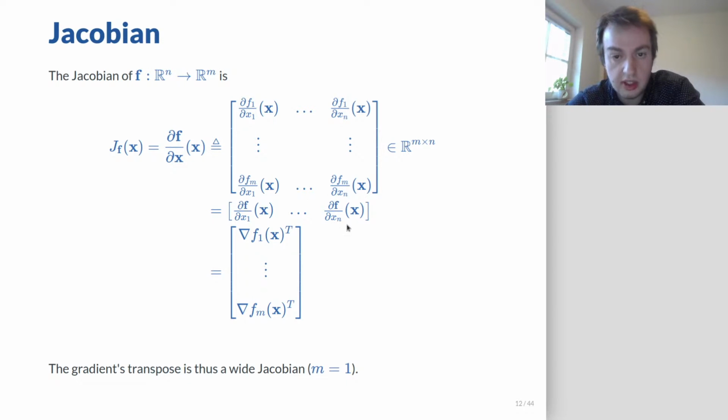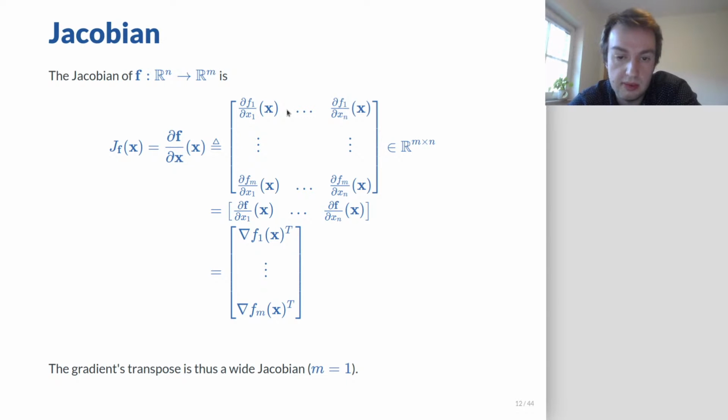You can also express it as a set of columns, where you take the partial derivative of the function with respect to each one of the arguments, or you can view each row as corresponding to the gradient of one output of the function.